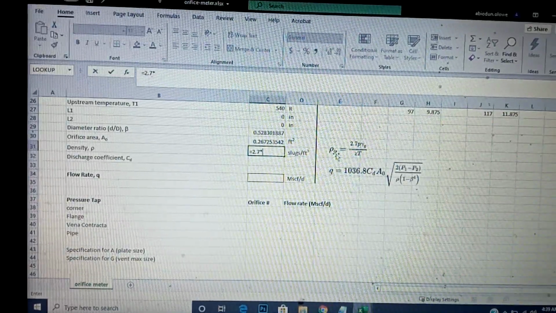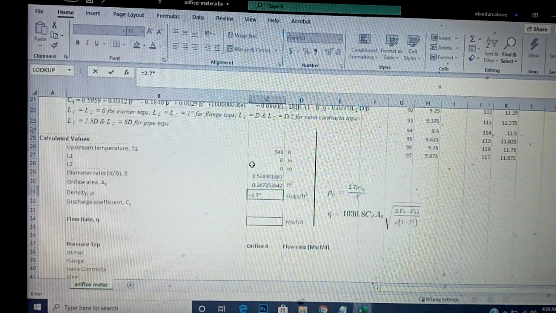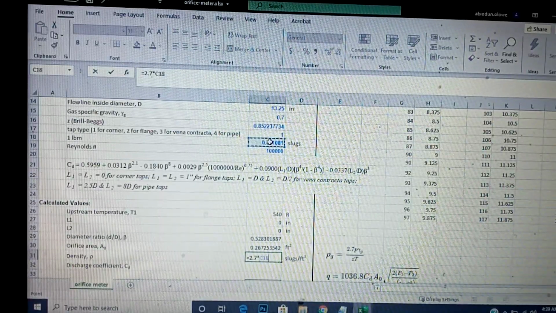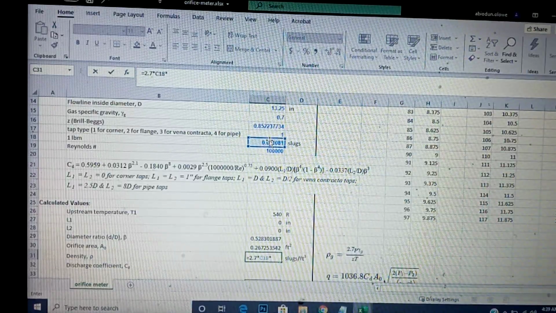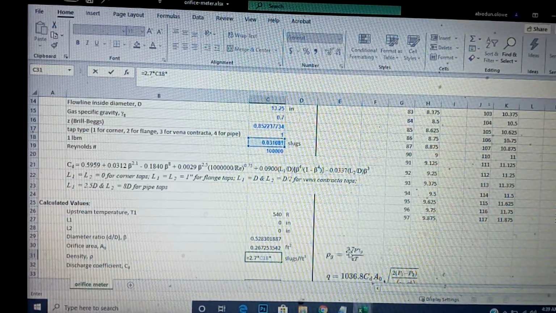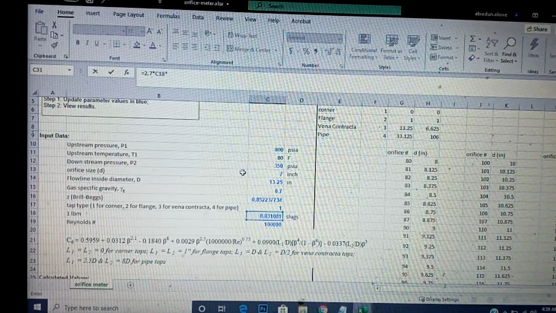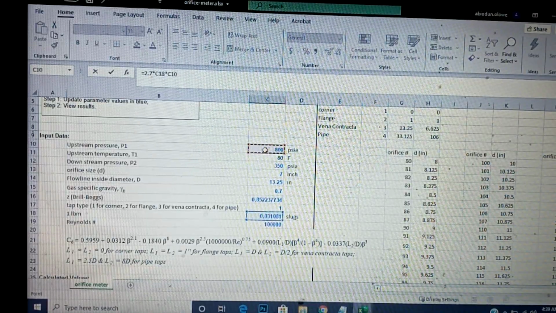Actually, I can just multiply by the conversion factor straight away. Multiply by the conversion factor, that's C18, multiplied by the pressure, 800, that's C10.